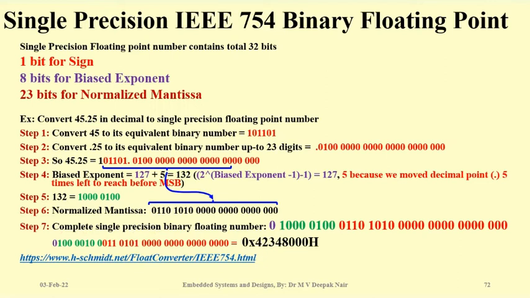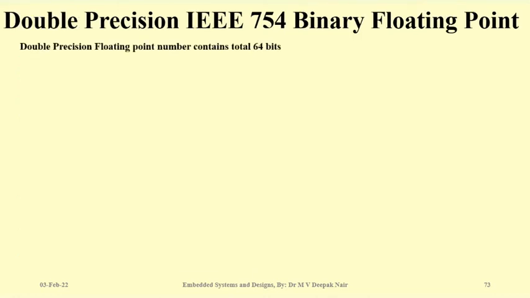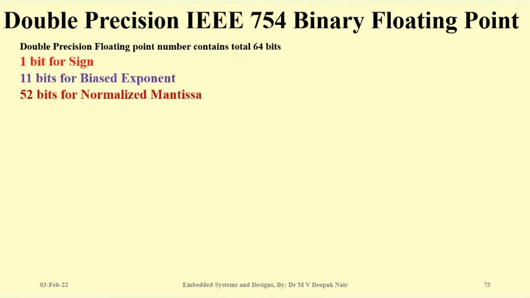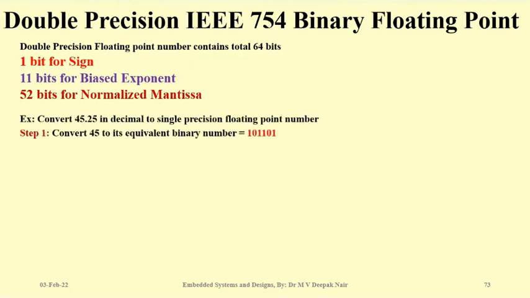So now this is the way to go for the single precision or 32-bit system. Now double precision uses 64 bits: 1 bit for sign, 11 bits for exponent, and 52 bits for normalized mantissa. Same approach, nothing more complex.